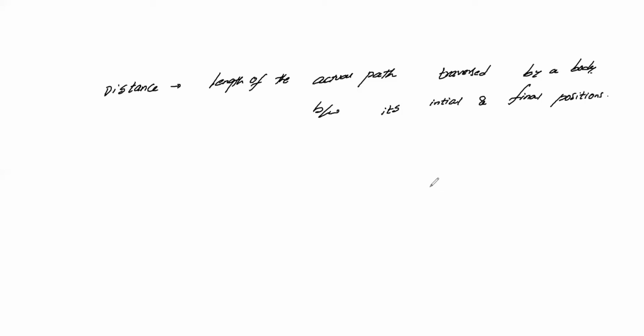Clear? So the length of the actual path traversed by a body, or traveled by a body, or change in position by a body between initial and final positions, we call it distance.